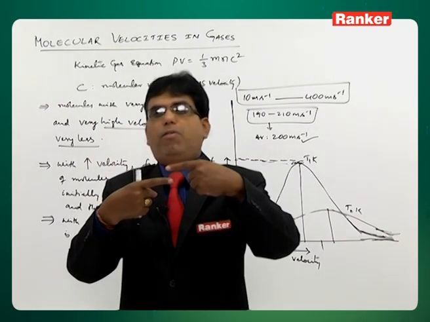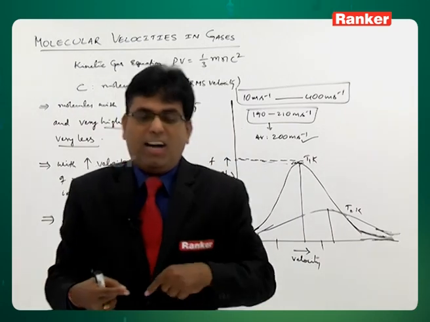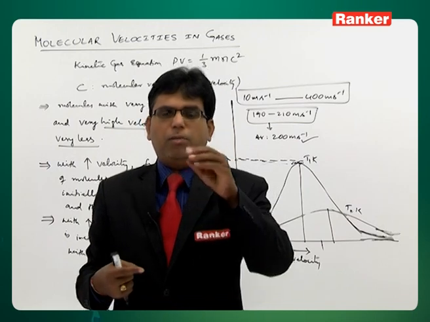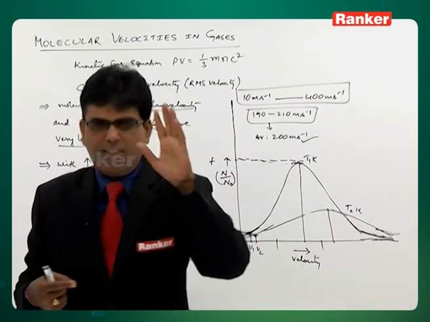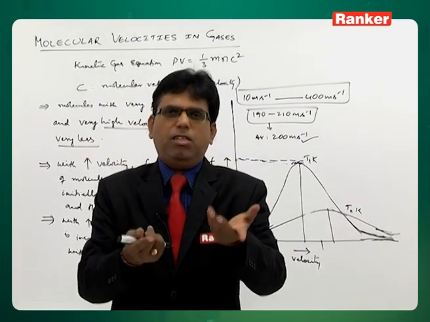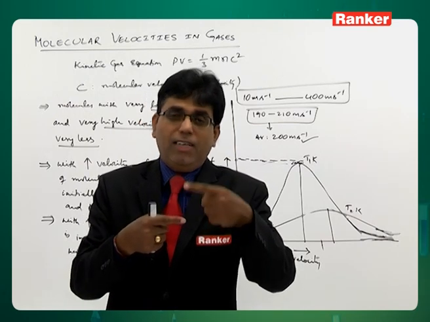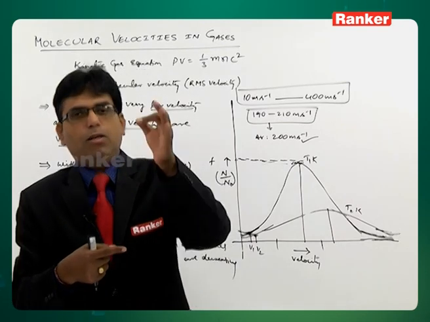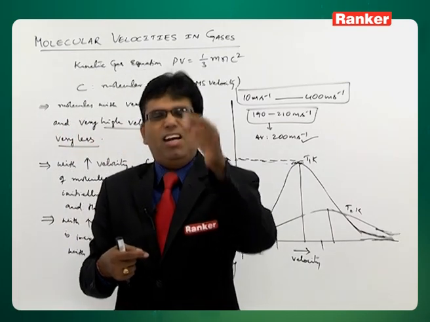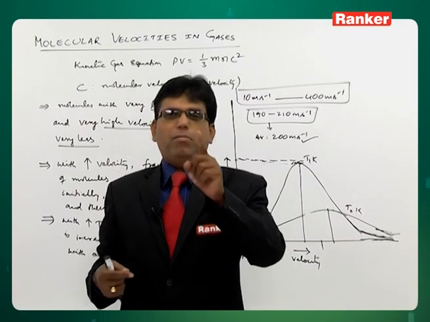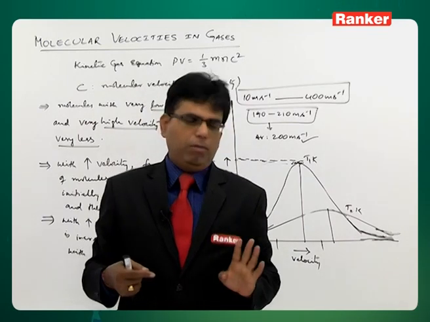If you say the molecular velocity is 0, it gives an impression that the gas molecules are at rest. 0 meters per second means the molecules are supposed to be at rest, but it is very clear that no gas molecule can be at rest at any time under any conditions. So the term average velocity is found to be not suitable.